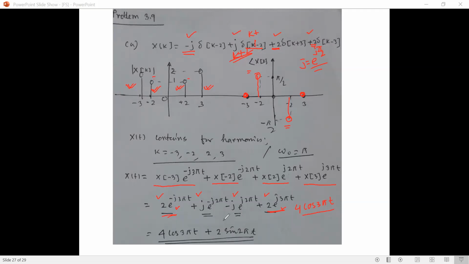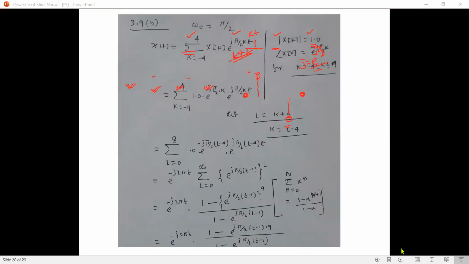Sine, yes. So you know this thing. Then by the Euler identity, you can easily find that your signal will be a real signal, and that signal can easily be expressed in the form of sine and cosine functions.